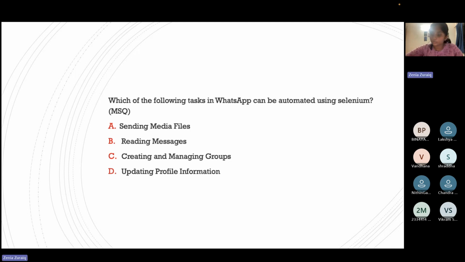All. Okay, good. So the answer is all of them. All of these tasks are such that you can automate them using Selenium. If you think about how those spam messages are sent to so many people at once, this may be one of the reasons: there is some automated way in which it is being done.